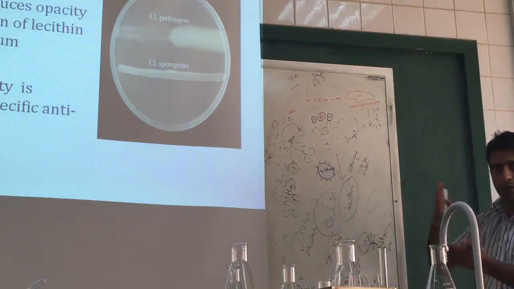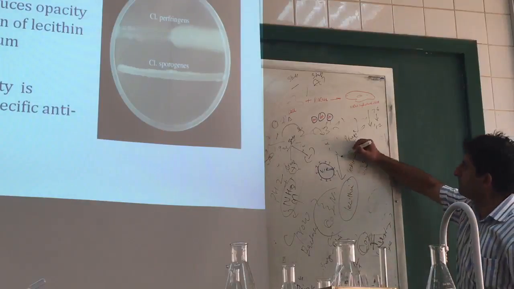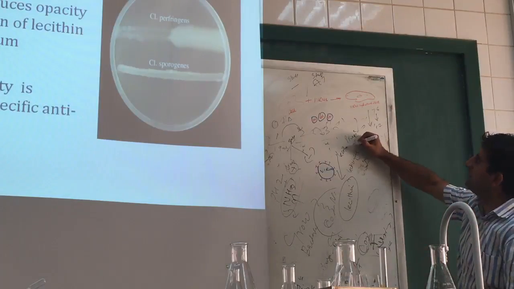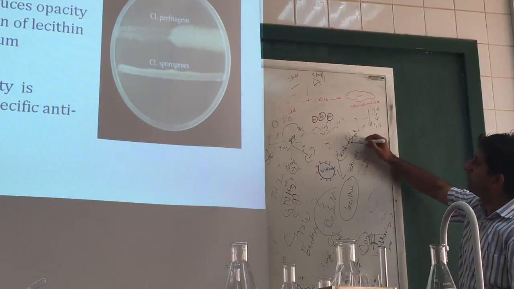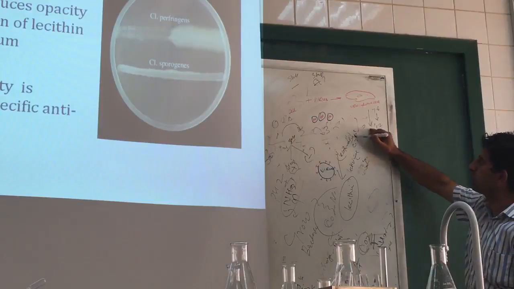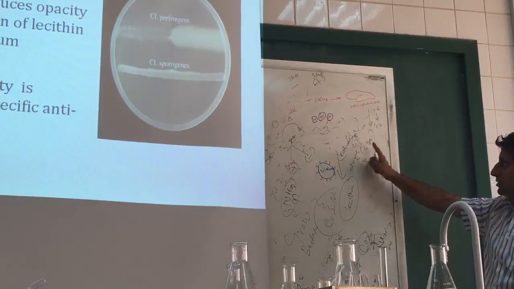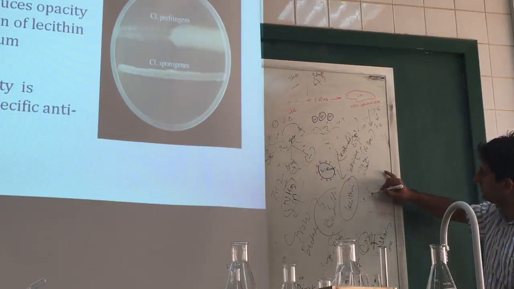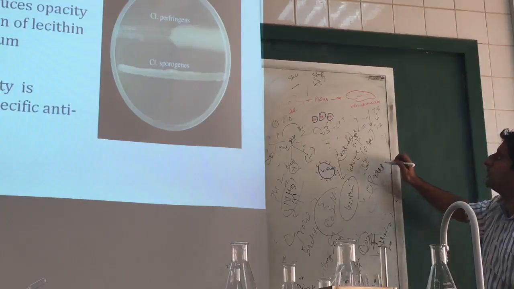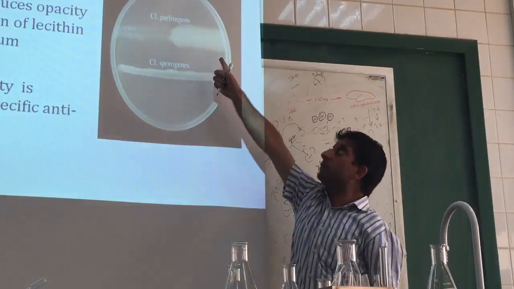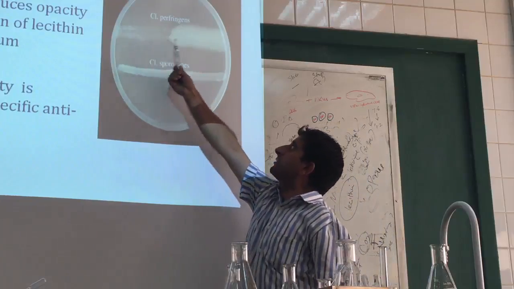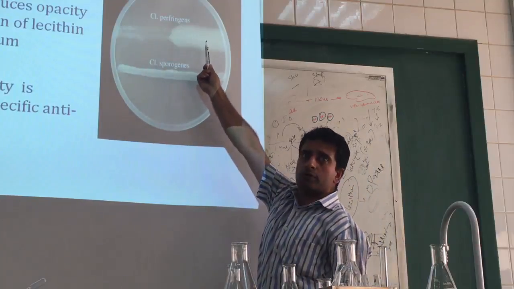If it is broken down with the help of lecithinase, produced by Clostridium perfringens, an alpha toxin. Okay, if the bacteria produces this toxin, it will break down lecithin and its structure will be opaque, like a groove. Here you see the groove. This is Clostridium perfringens, and here it has broken down the lecithin.